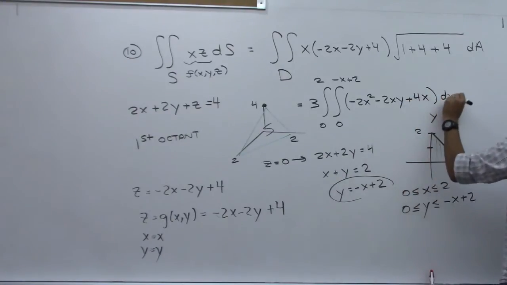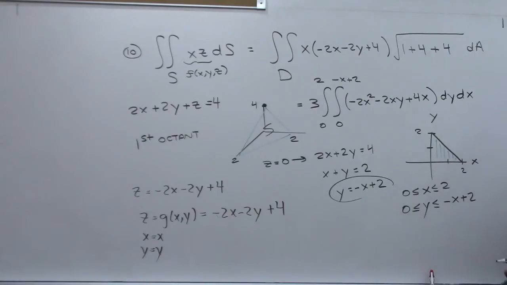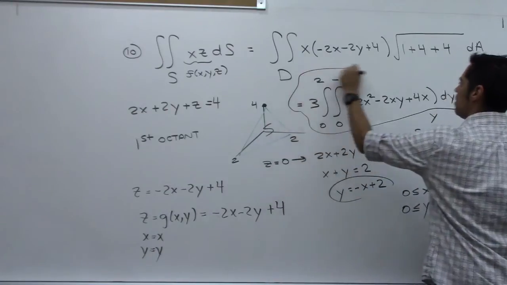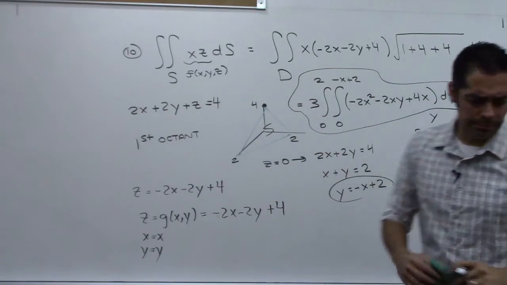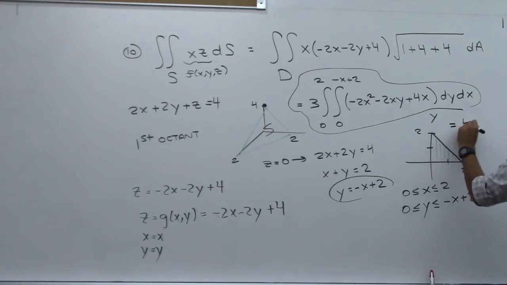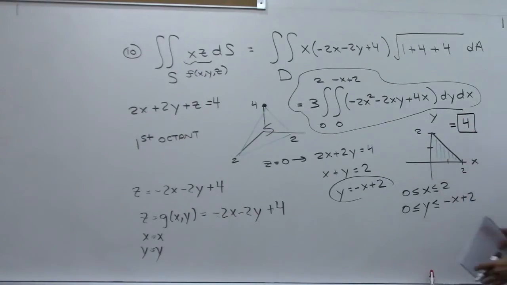And I'm going dy dx. I have to use that order because this was like a type 1 region. So we're looking at trying to evaluate this double integral. This is number 10. Yes, that's all good. And then I'll let you work the rest of this out. This should equal at the end of it all 4.